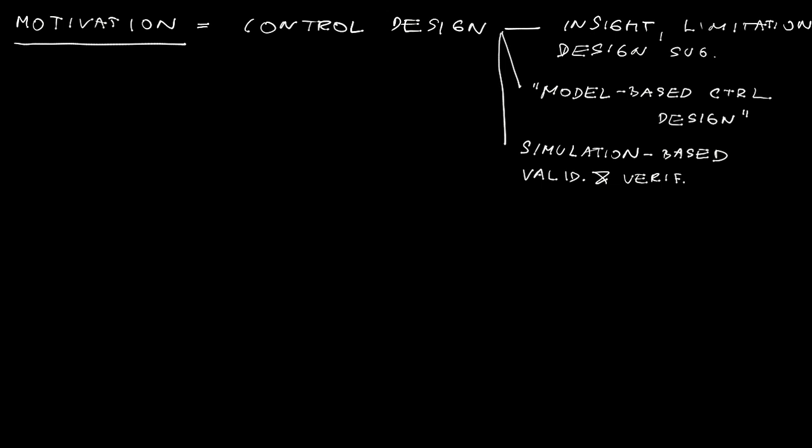The list is probably not complete from the perspective of where else you can use your modeling skills. The one that comes to my mind immediately is something called monitoring and fault detection.